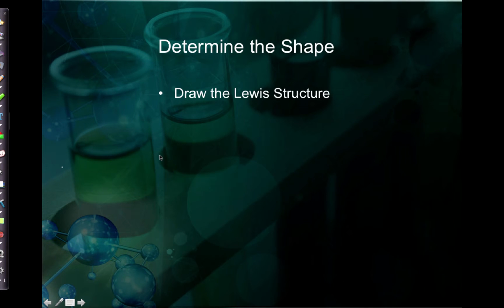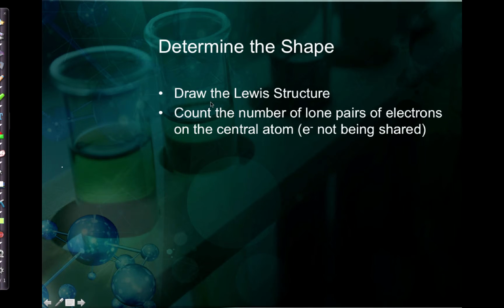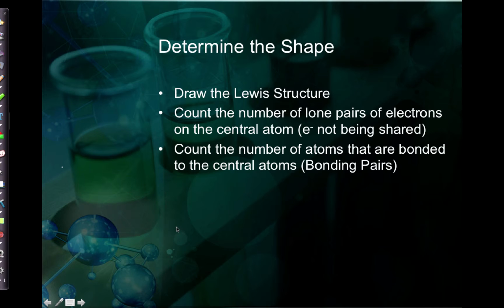The first thing you do is draw the Lewis structure, and then count the number of lone pairs on the central atom, and then count the number of bonding pairs. We're only going to count bonding pairs as one. So if you have a double bond or a triple bond, you just count it as one bonding pair.